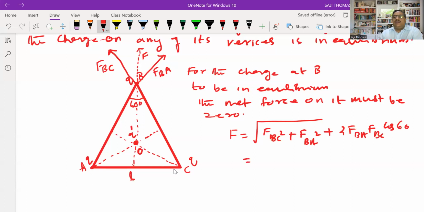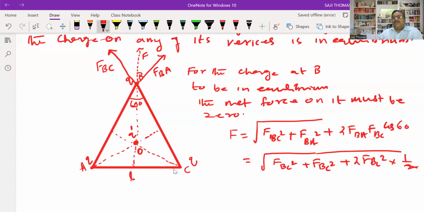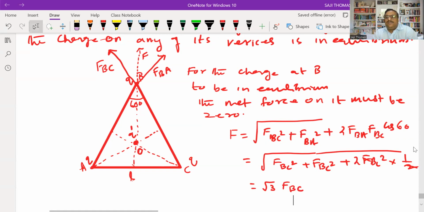So FBC and FBA are equal. So we write root of FBC square plus FBC square plus 2 FBC square cos 60, which is 1 by 2. On simplifying, you will get root 3 FBC. So this is the net resultant force, the force due to the charges at C and A on B.